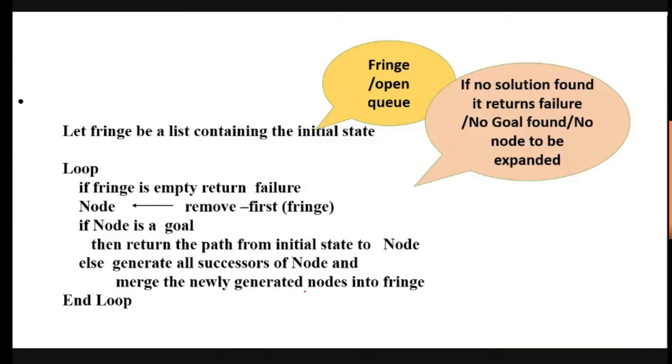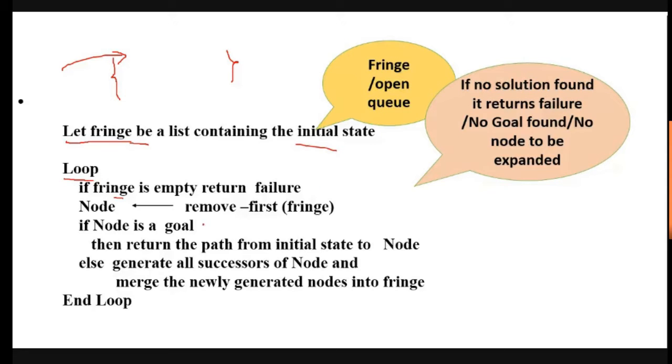Now, in the general form, we have a fringe. It is like a vector, one variable sort of, which you can say is a queue. It's the order of the nodes that we are trying to expand. Initially we start with one node, and then there will be a loop. What does that loop say? If the fringe is empty, that means my method was wrong.